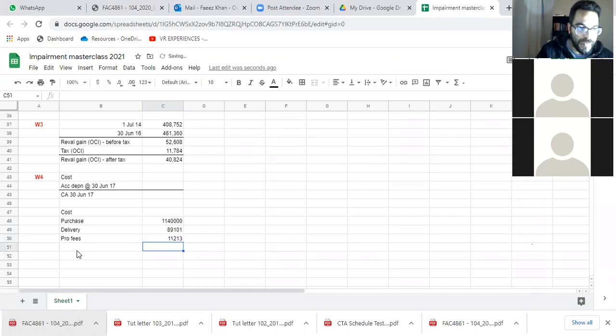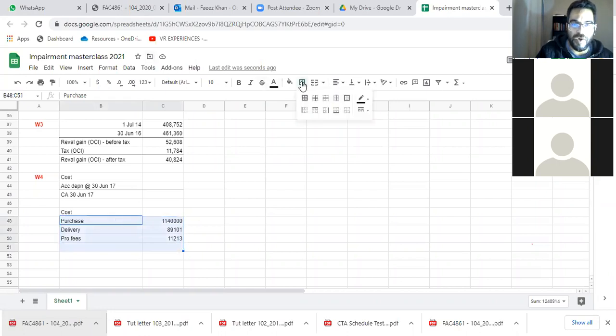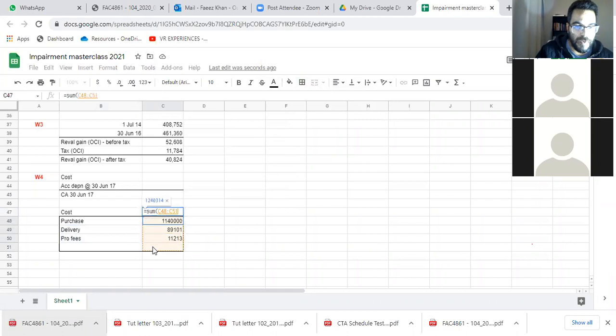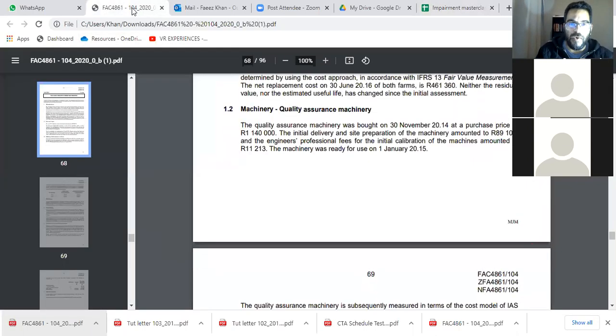Thank you. So there we go. So the total cost would be the sum of this. Just make sure I got the right numbers down. Okay, so the total cost would be all of that.